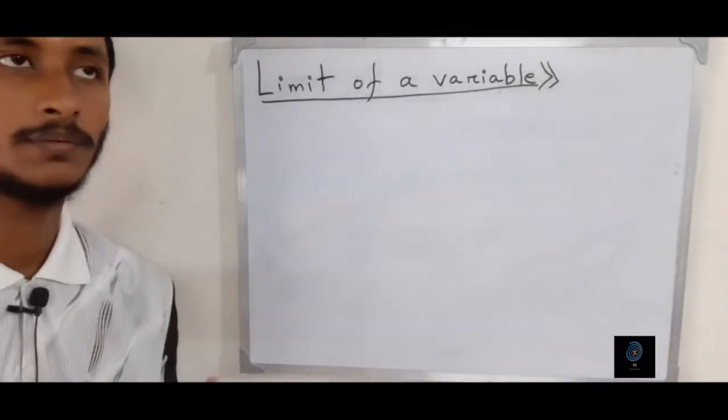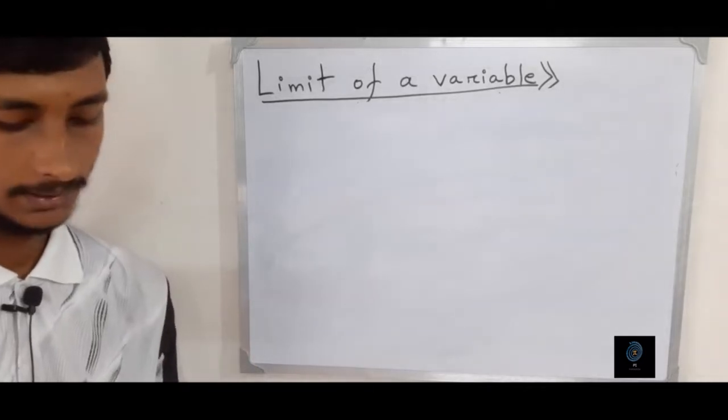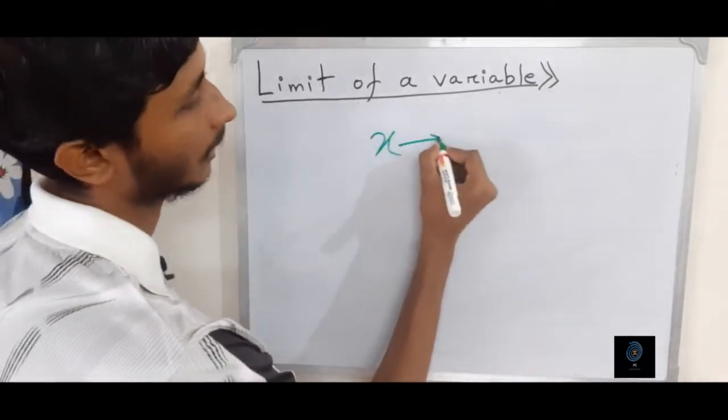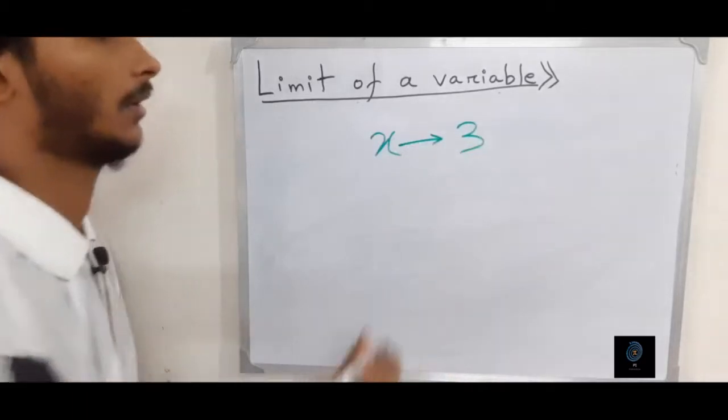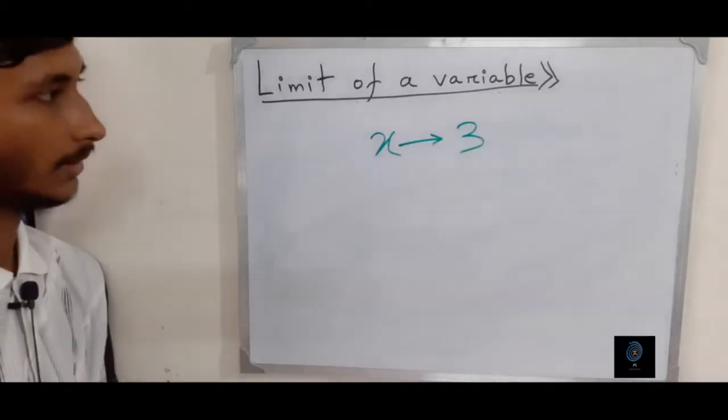Now, if you have understood the meaning of x tends to a, then you should be able to tell what you mean by x tends to 3 or any constant. So the answer is very simple. x tends to 3.